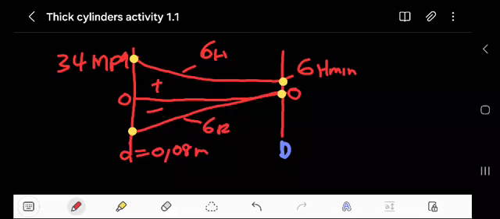Remember, it's the same as the internal pressure, which will be negative 17 megapascal. We know this. There will be simply 0 megapascal at the outer surface. We know this.